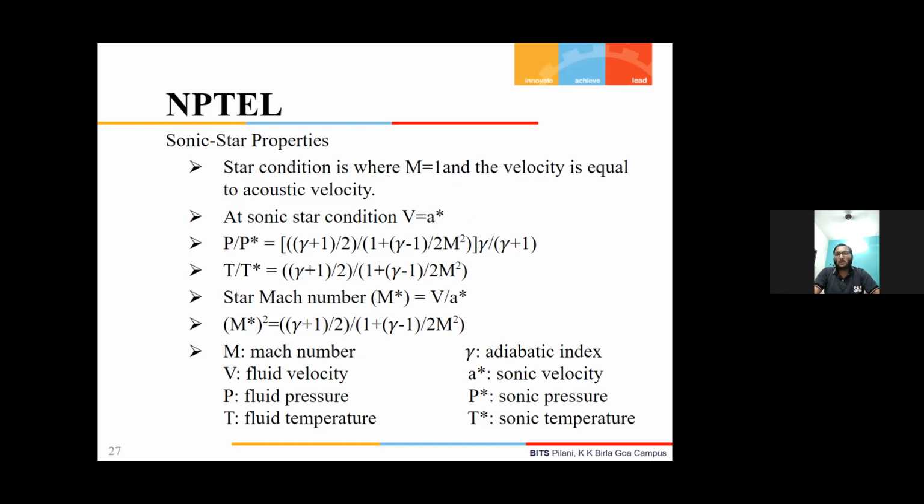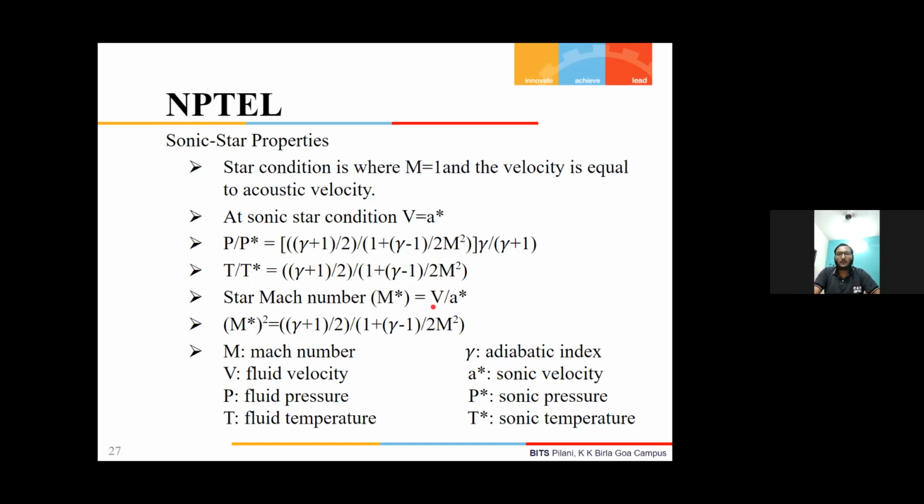We also found the relation between the pressure at any point in the flow regime and the sonic pressure, as well as the relation between the temperature and the sonic temperature. We introduced a new term, the star Mach number, which is the ratio of the velocity at any point in the flow regime to the acoustic velocity.